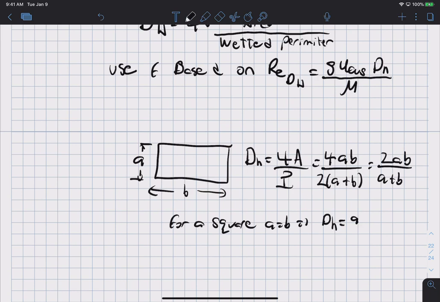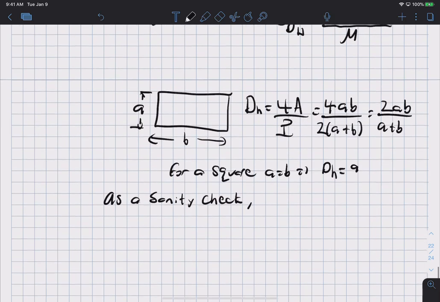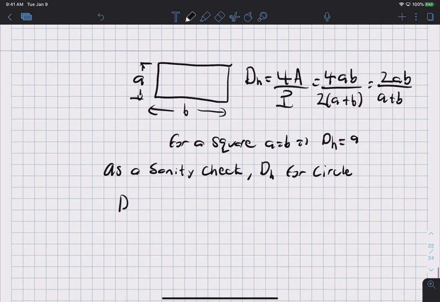And as a sanity check, we can compute D_H for a circle, and we better get D. So D_H equals 4A over the perimeter.